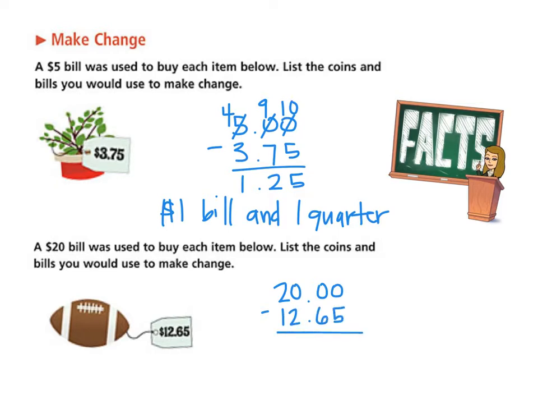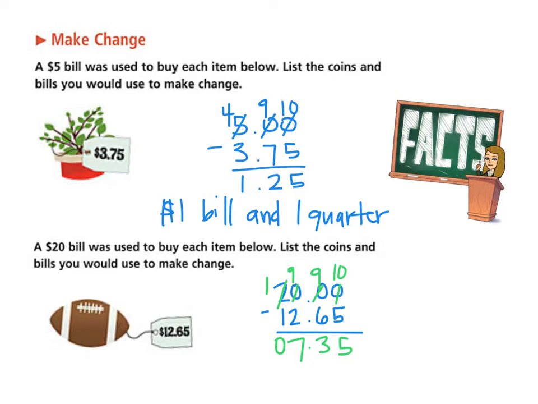So the first thing I'll do is borrow across all those zeros so that I can correctly subtract. So 10 minus 5 is 5, 9 minus 6 is 3, 9 minus 2 is 7, and 1 minus 1 is 0. So $7.35.